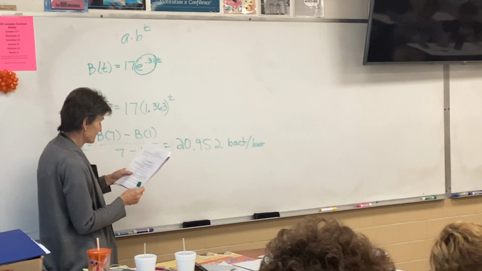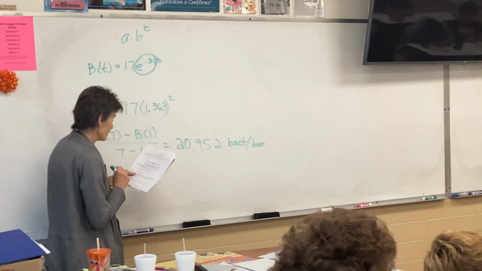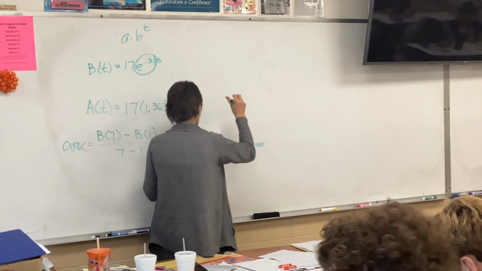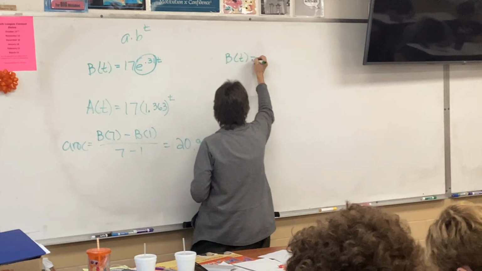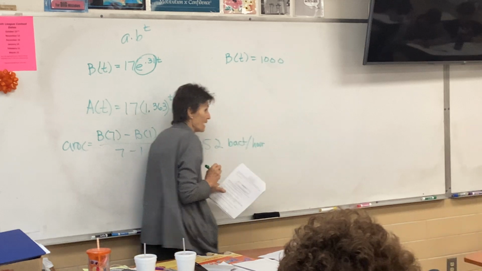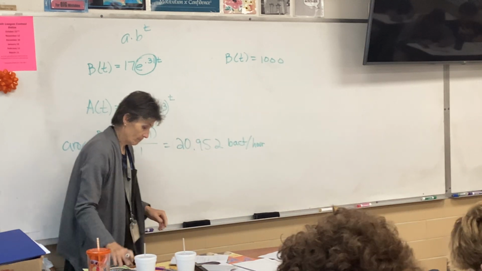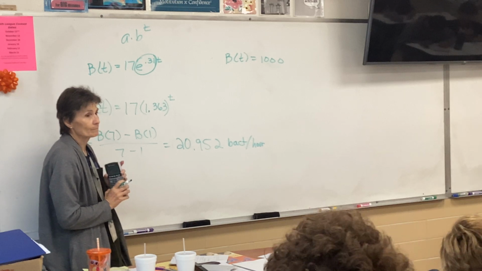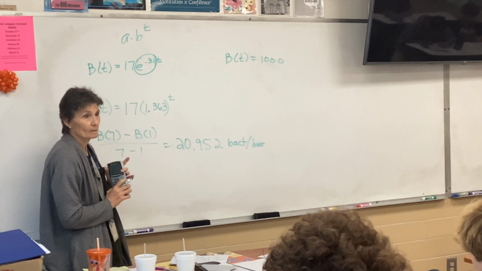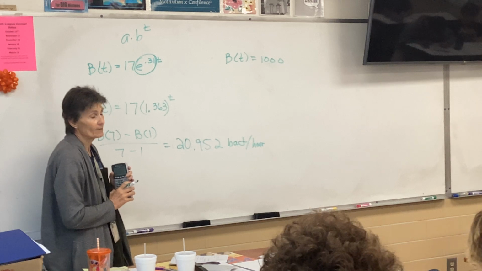Find the value of T when the bacteria in this particular culture is 1,000. So in other words, we want B of T to be 1,000. Thoughts on that? We could definitely graph it.